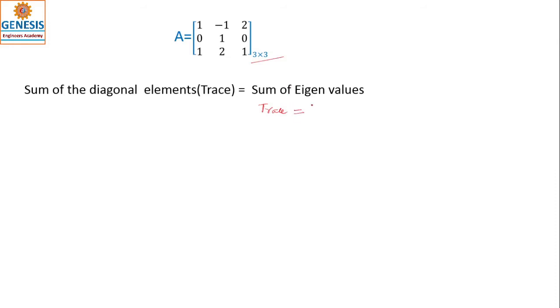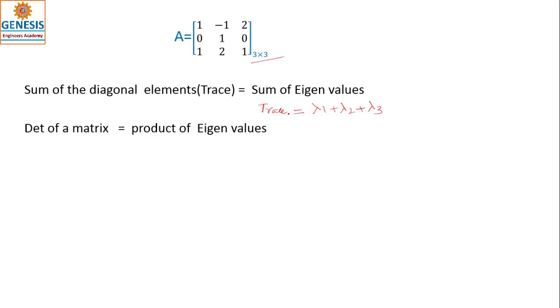So trace is equal to lambda 1 plus lambda 2 plus lambda 3, that is the sum of the diagonal elements. In this case the diagonal elements are 1, 1, 1, so the sum is 3. So the sum of the eigenvalues must also come to 3.